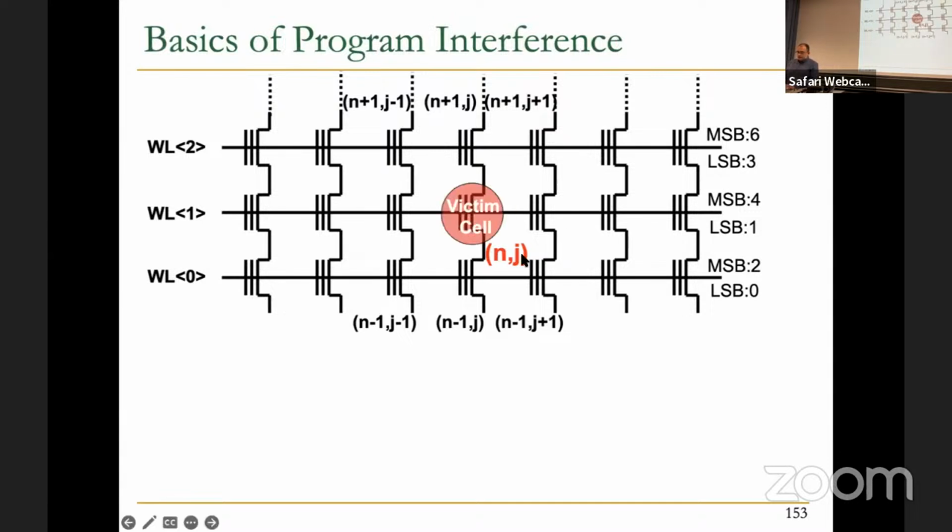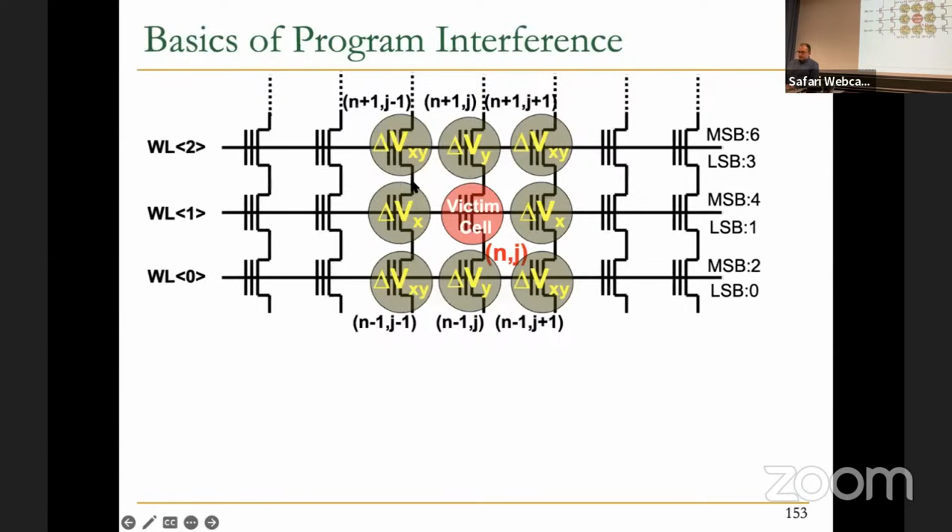So you have this poor victim cell, and there are several cells surrounding it. Each of these cells can have some delta V, basically some variation in voltage, once you program them. Fortunately, because of the way that we make flash memory, there is no interference from the lower level to the top layer.